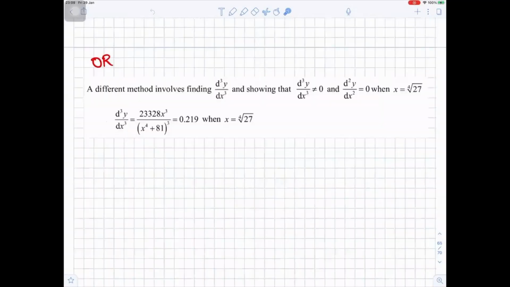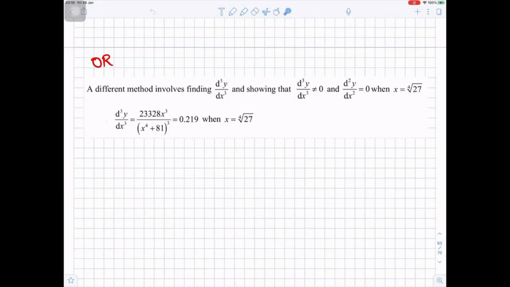Out of interest, another way to do it, a different method, involves finding d cubed y over dx cubed. That means you differentiate the third time. And then you show that d cubed y over dx cubed is not equal to 0, and d squared y over dx squared is equal to 0 when x is the fourth root of 27.